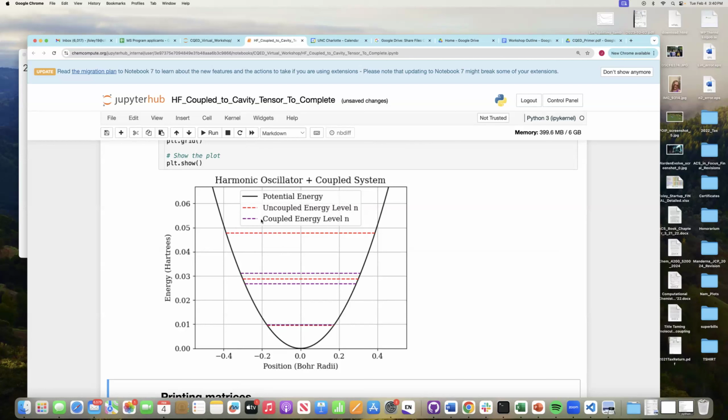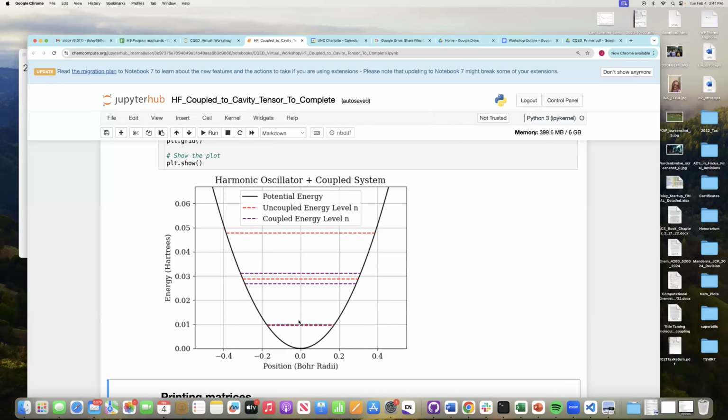Now what we've plotted in these purple dashed lines are the energy eigenstates of the coupled Hamiltonian. So we have the ground state, and you'll notice that the ground state is not exactly equal to the ground state of the uncoupled system. This is something that you'll get out of these rigorous Hamiltonians that we've shown you, the P dot A and the Pauli-Fierz: you'll see modification to the ground state under strong coupling.